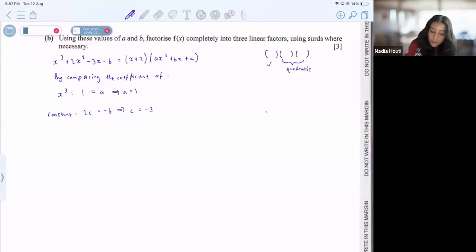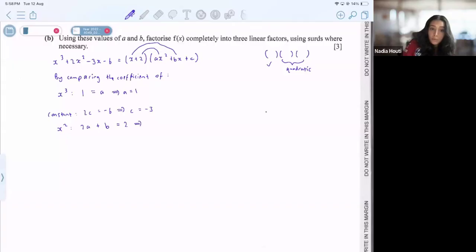Then next, let's compare the x squared term. To get the x squared term, we can get this constant 2 multiplied by the ax squared, and also x multiplied by the x term. So 2a plus b will give us the x squared term, which is 2. We know that a is 1, so 2a will be 2.